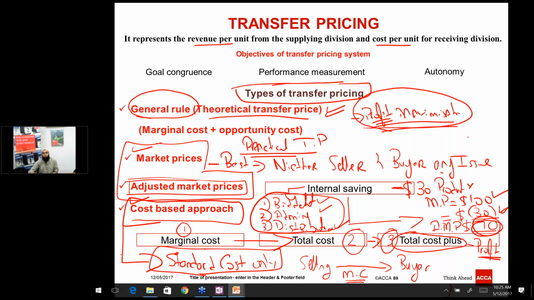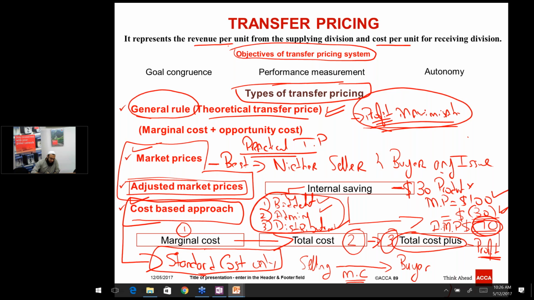Whenever the examiner wants you to use market price or any of the cost-based options, the question will state it very clearly. The question will not give you any indications, but it will state clearly that you have to use market price or cost-based transfer prices. For the general rule there is an indication, as I told you.